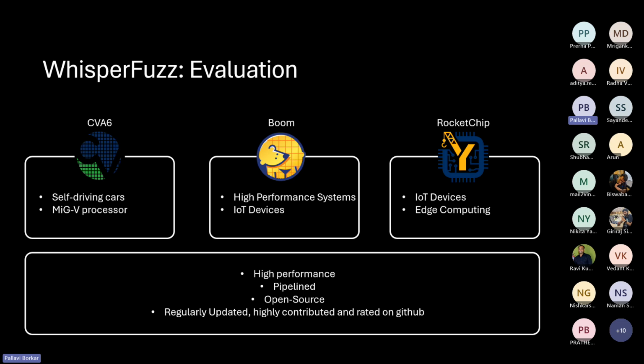We also evaluated it on Boom, which is a high performance processor and has been used in various IoT devices. And we evaluated it on Rocket Chip, which is similarly used in IoT devices and also for edge computing. All of these processors are high performance. They are all pipelined, open source, and also regularly updated and highly contributed to and rated on GitHub.